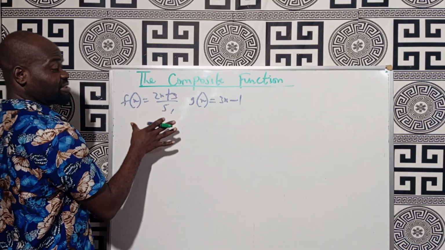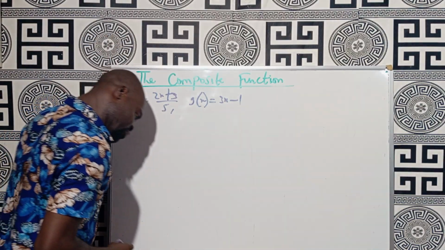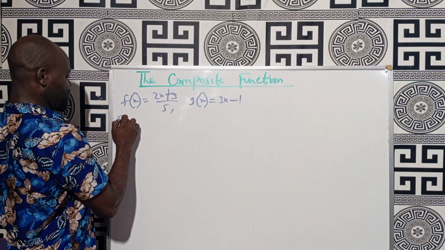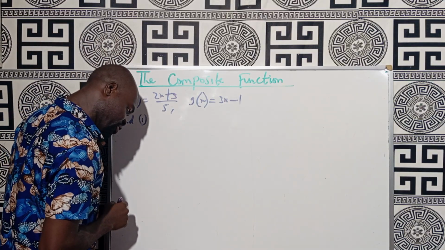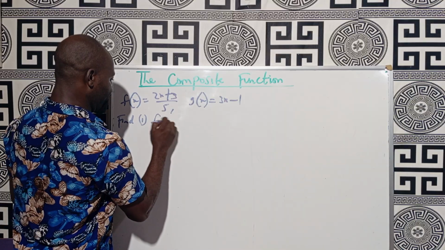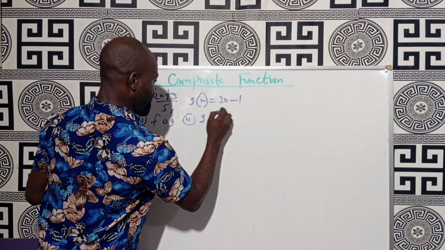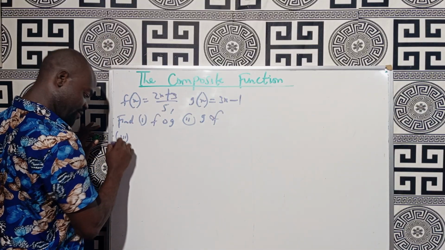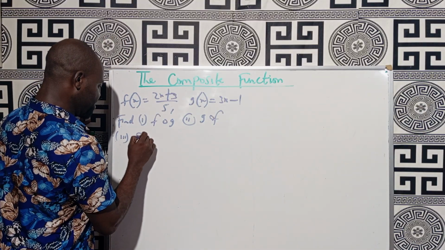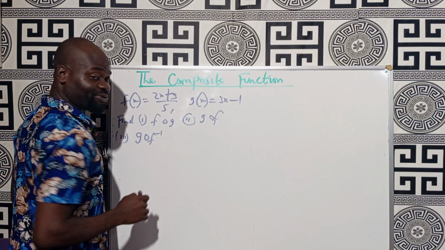Now this is an IGCSE question. We are asked to find the following. There are many, but let's look at it. Find f of g. Find g of f. Find g of f raised to power minus 1. That's the inverse.